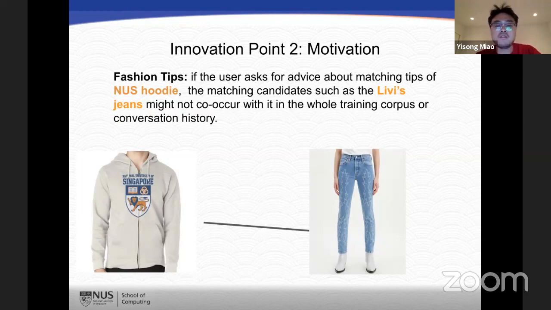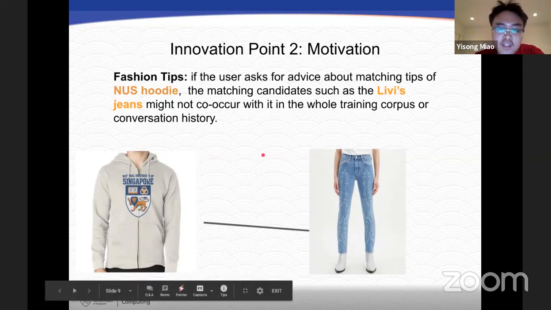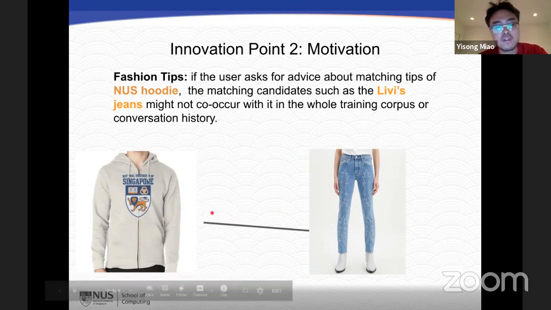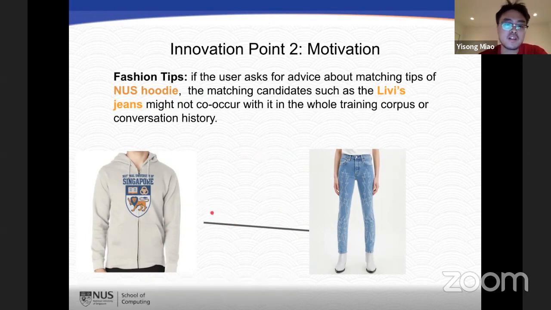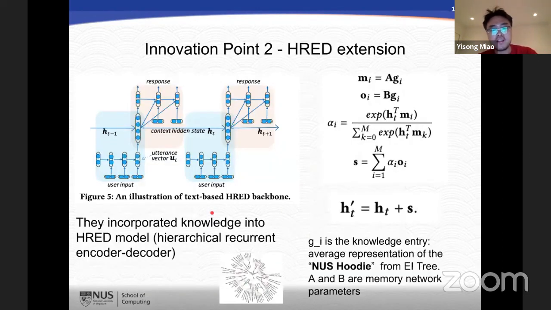For example, if the whole training corpus or the conversation history does not contain such a combination, if they never co-occurred before, the resultant dialogue agent has a very low chance to do a good job at such matching of fashion tips, right? So they did such incorporation in a very efficient way.